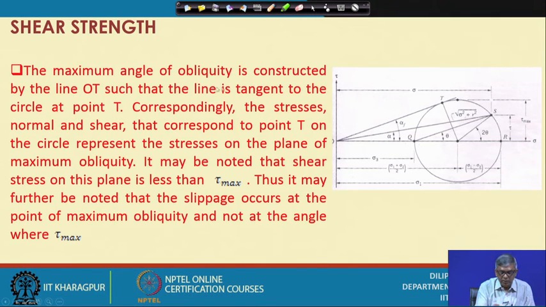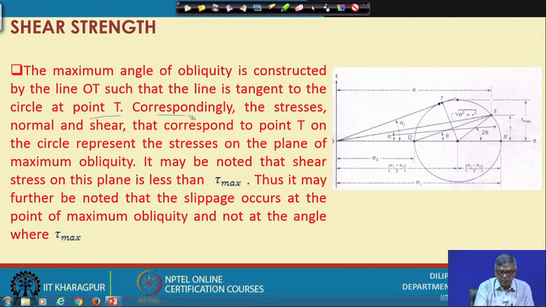And the maximum angle of obliquity is constructed by the line OT. You can see a similar thing I have drawn here. From point O, I can imagine a number of lines, and I can change this line, and finally it will become tangent at this point. Suppose at point T it becomes tangent to the circle.